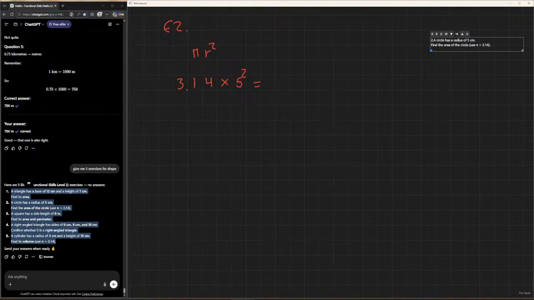So this 5 is becoming what? 5 squared means 5 times 5, which is 25. So this is gonna be multiplied with this one, if it makes sense. 3.14 times 25.